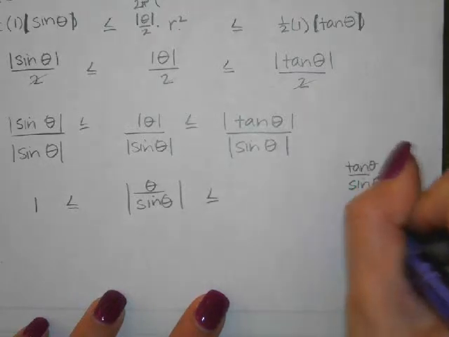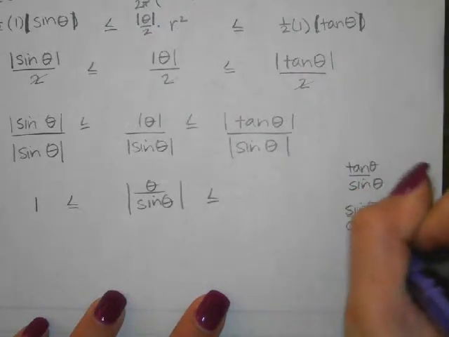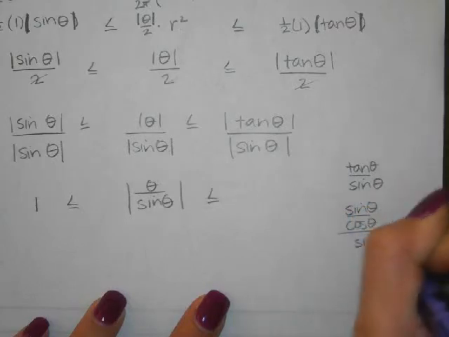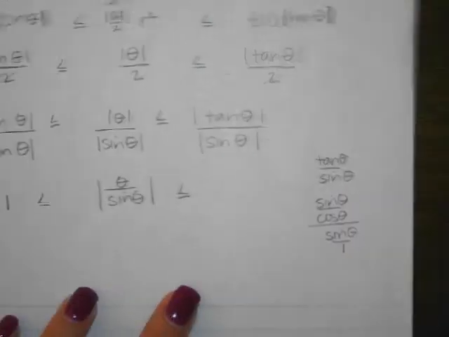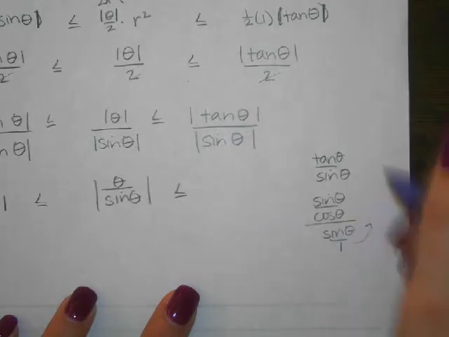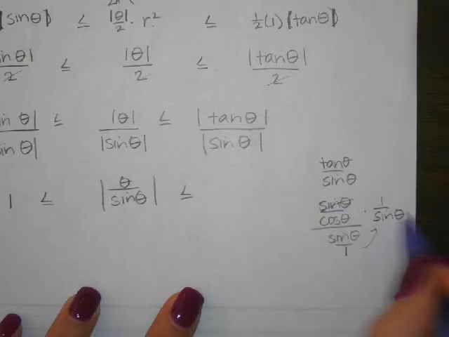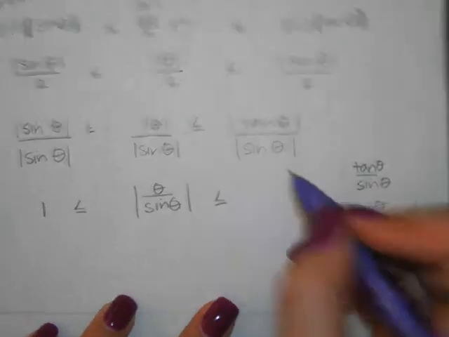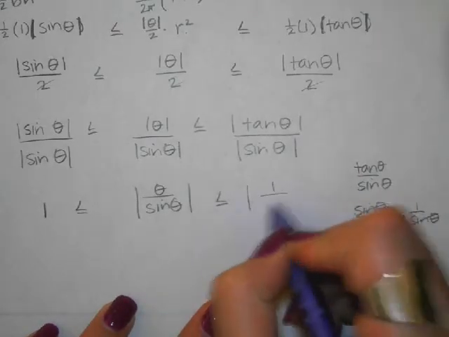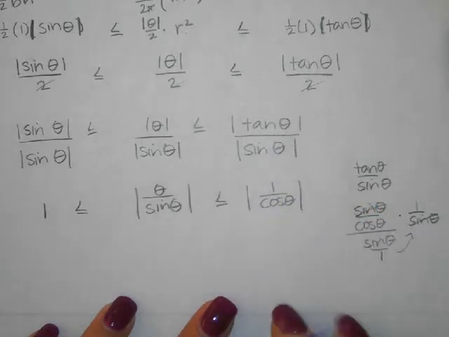It's sine over cos, right? Over sine over 1. We could flip it up. So what does it give you? 1 over cos? Okay.